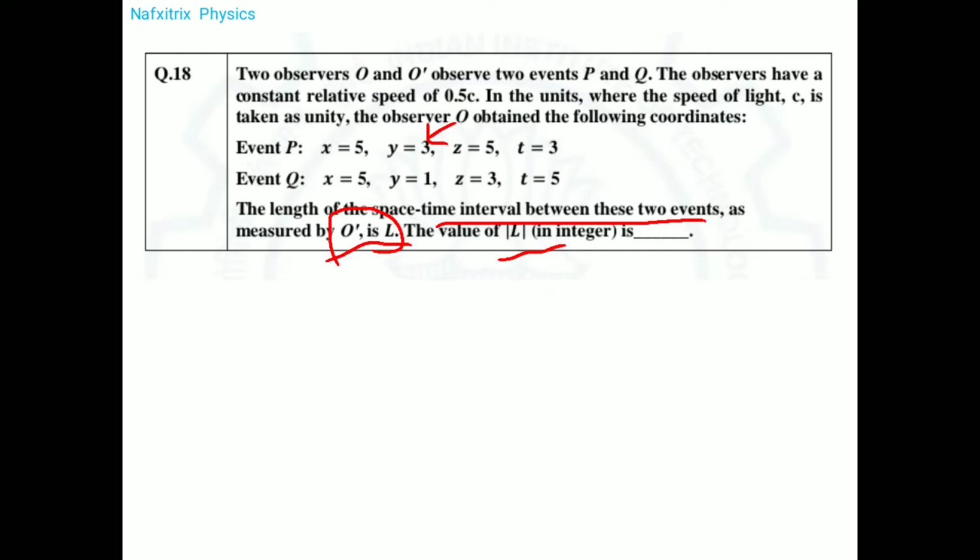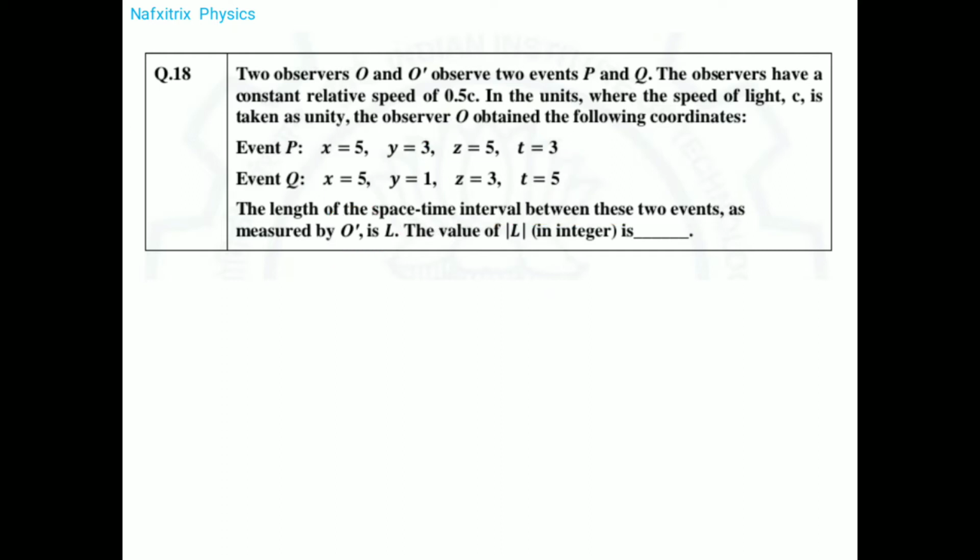In Lorentz transformation, the length of the space-time interval remains the same whether it is observer O or O dash. So we can use the values observed by observer O in order to find this space-time interval length.